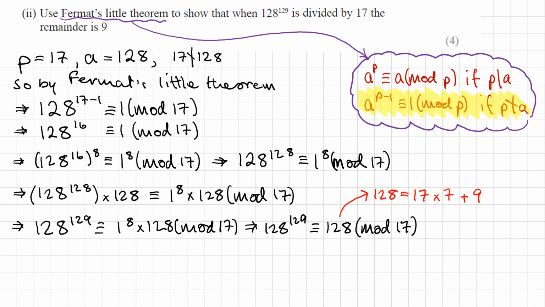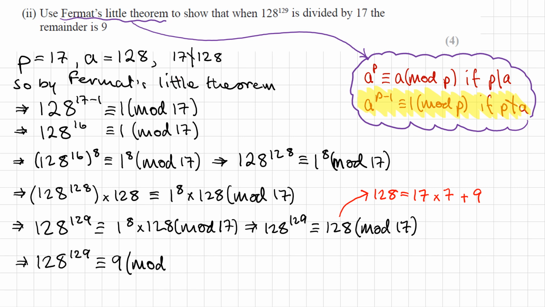So we can finish this off. We've got 128 to the power 129 is congruent to 9, which is our remainder, modulo 17.